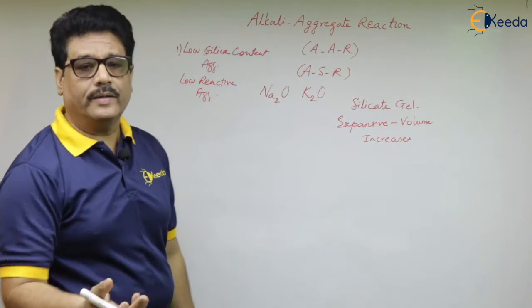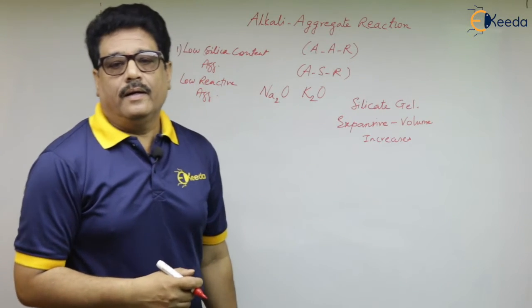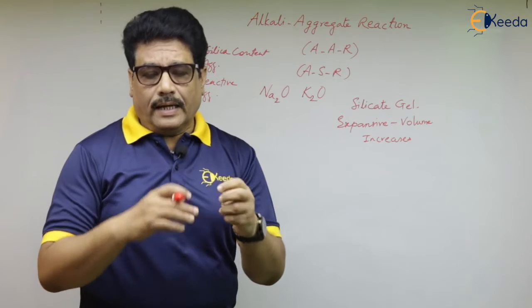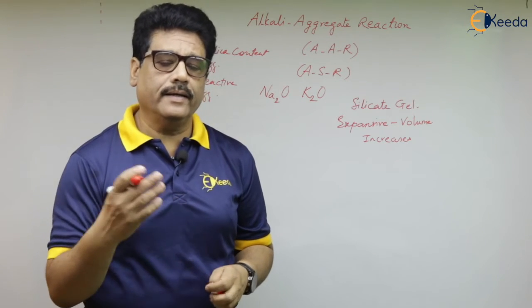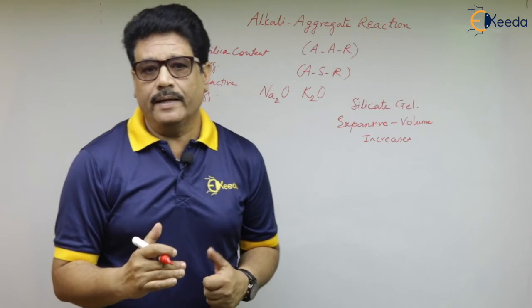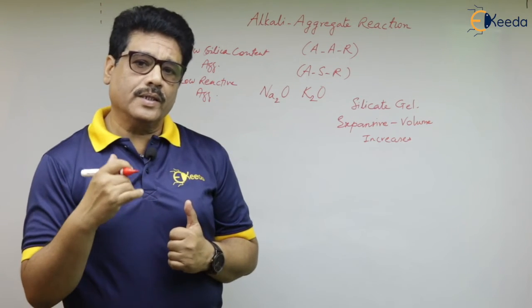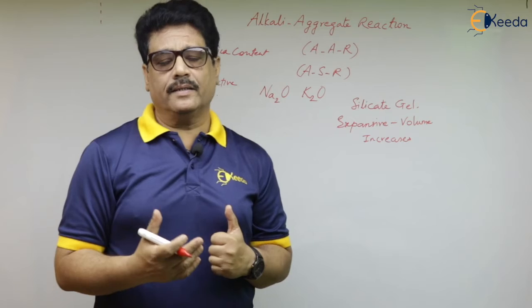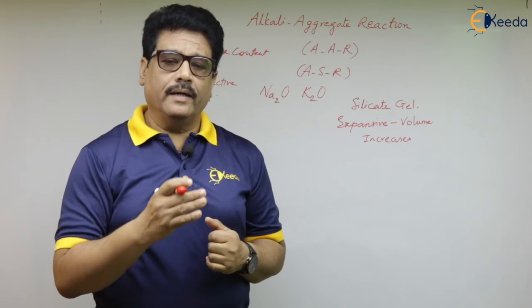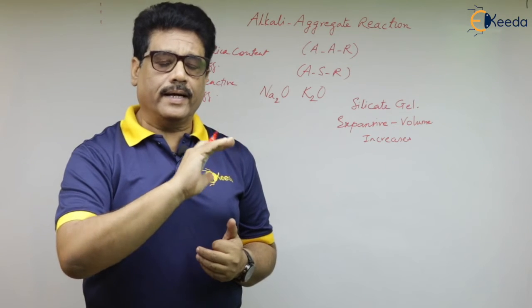They can be used for the concrete making. And if that is not possible, then we have to have less alkali cement. The alkali content of cement can be reduced. We can even go for secondary cementitious materials like GGBS or fly ash, so that the alkali aggregate reaction is controlled.